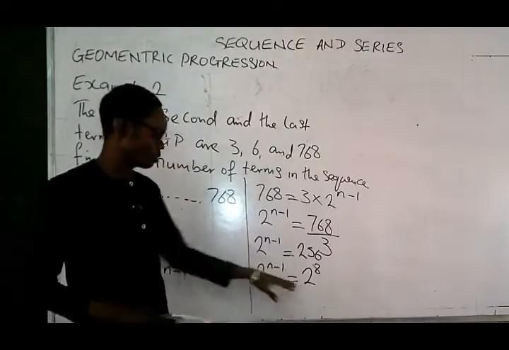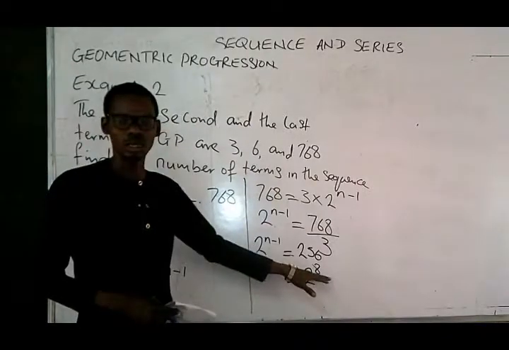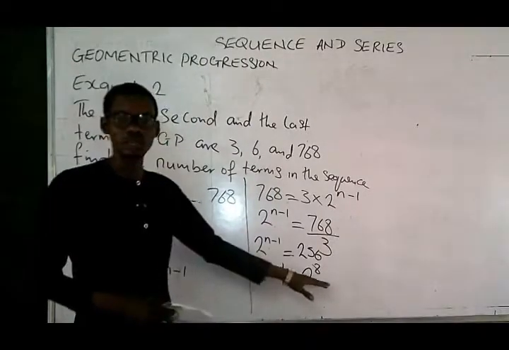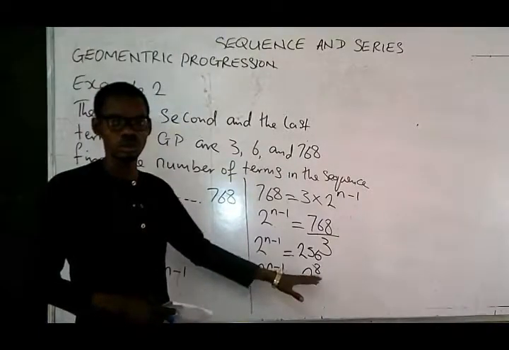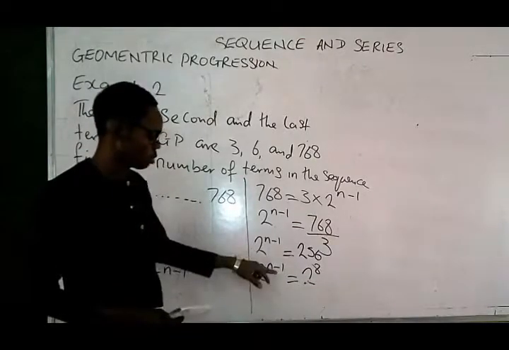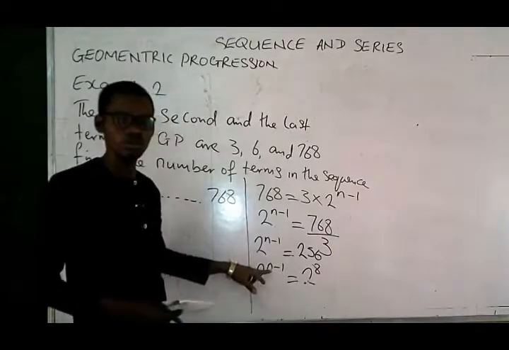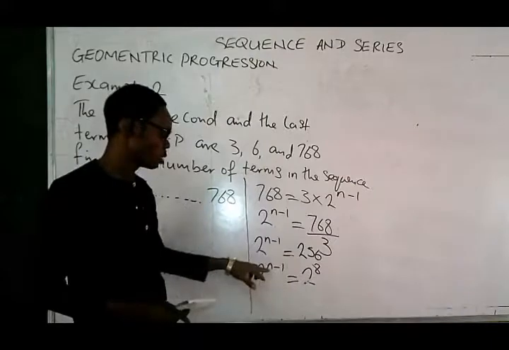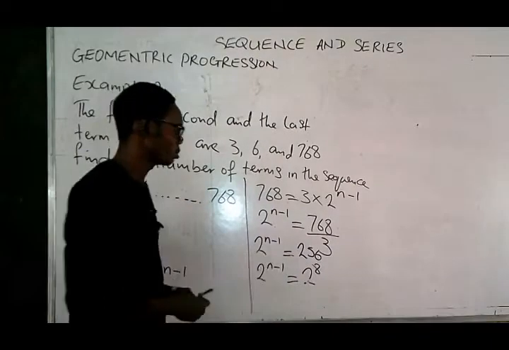Now both sides of the equation are in index form with a base of 2. Knowing that, the next thing for us to do is to equate the indices. n minus 1 is an index, 8 is an index, so we equate them.